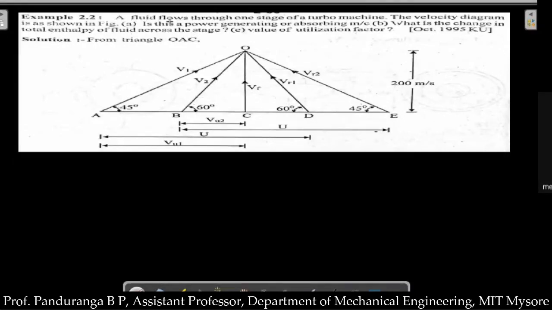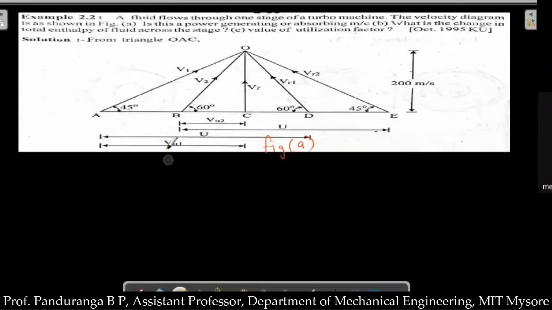We have a fluid. Fluid flows through one stage of a turbo machine. The velocity diagram is as shown in figure A. First we need to find out, is this a power generating or power absorbing turbo machine?